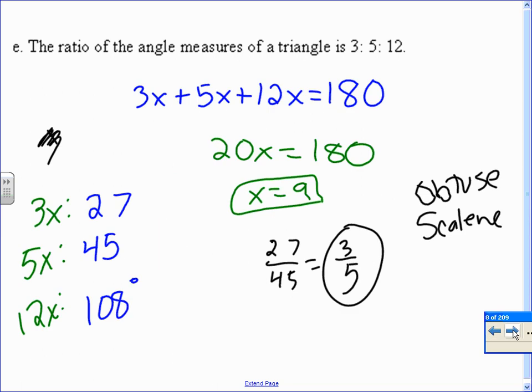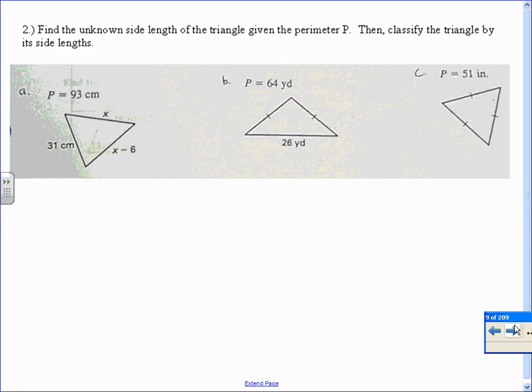All right. Let's go to number 2A. Raise your hand if you think you got X for this one. Just curious here. Briar, what'd you get for 2A? Emma M, what'd you get? Good. It should be 34.